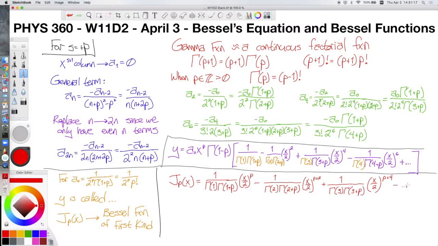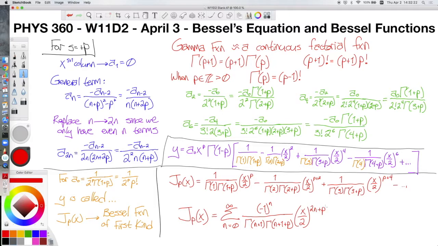So if we want to write this in a single form with summation notation, we have the following. Jp of x, the Bessel function of the first kind, is equal to the sum from n equals 0 to infinity of negative 1 to the nth power over gamma of n plus 1 times gamma of n plus 1 plus p, that whole thing times x over 2 quantity to the 2n plus p power.